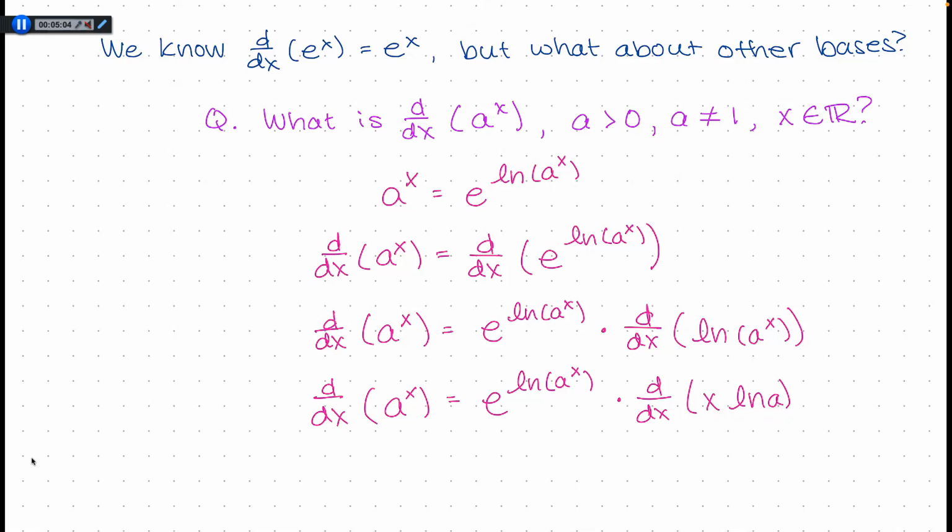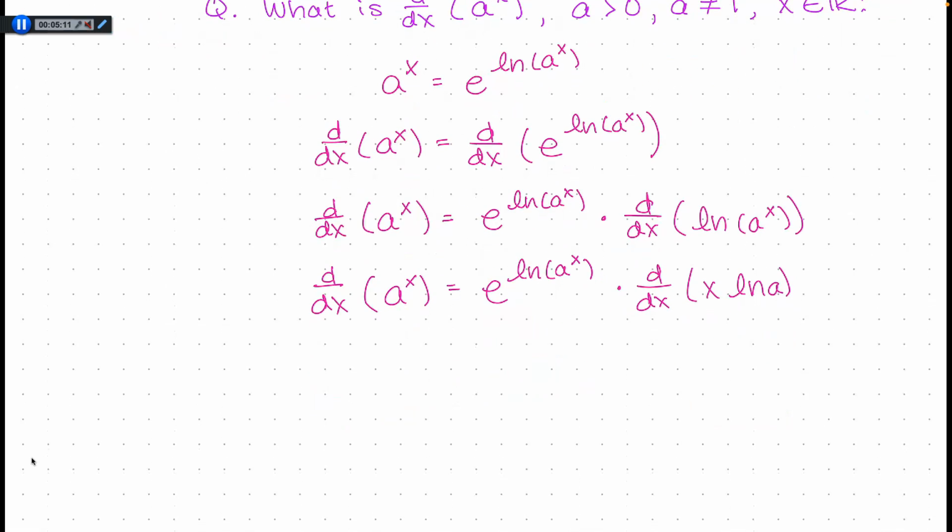And we know when you take the derivative of a constant times x, it's just the constant. And so that's what Yojay was saying. So we have e to the natural log of a to the x. And so the derivative of x natural log a is just the natural log a.